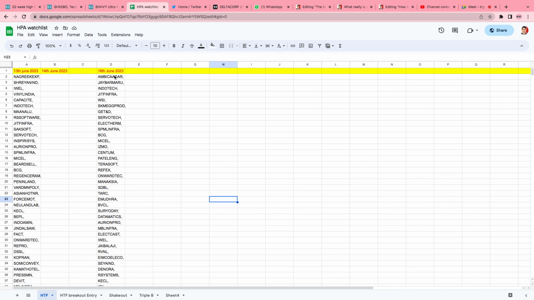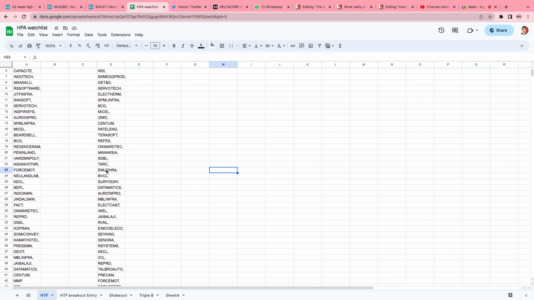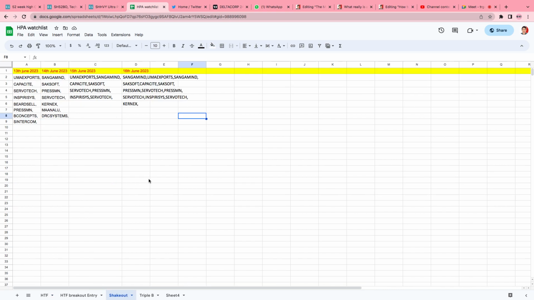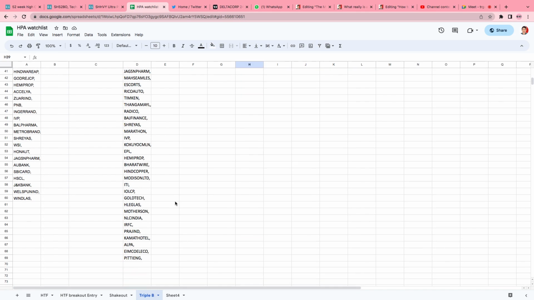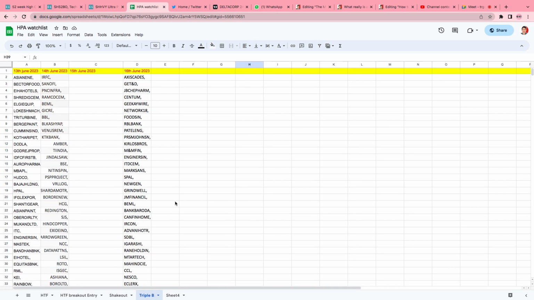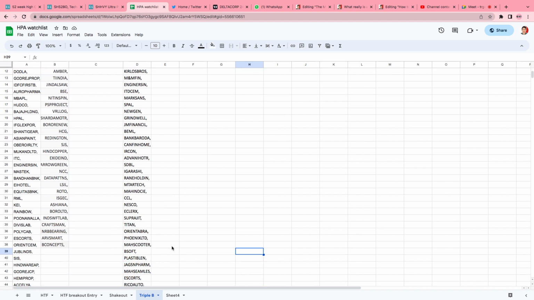So most of the names are already around the 52-week high. Some people might also use shakeouts, and the triple B names. So these are the names, and if you need more tabs, just let me know, and I will make sure that we have that here.